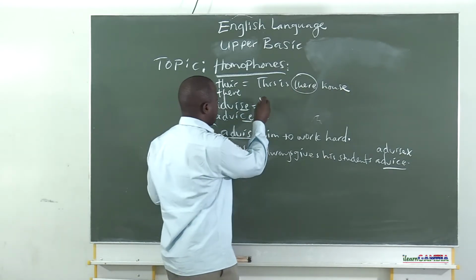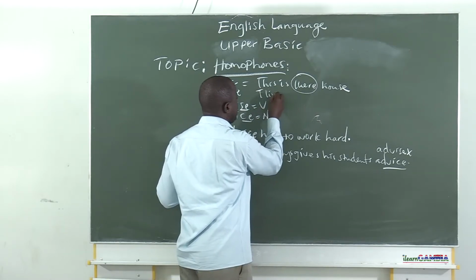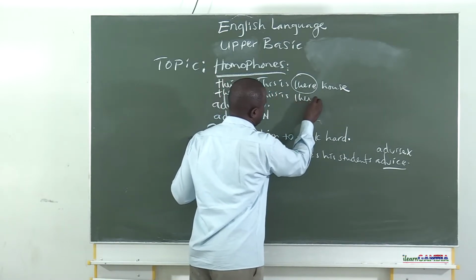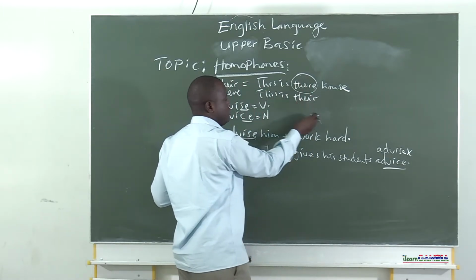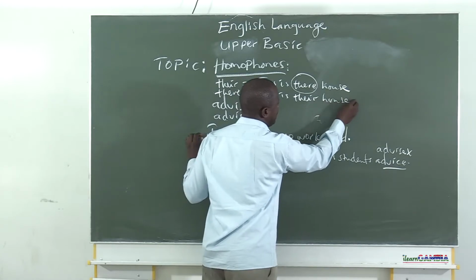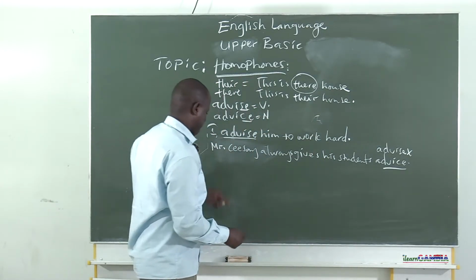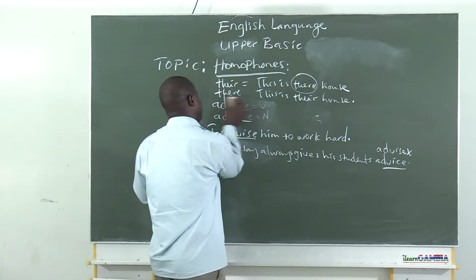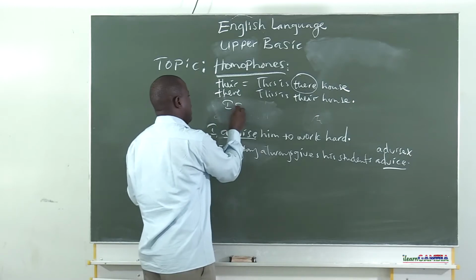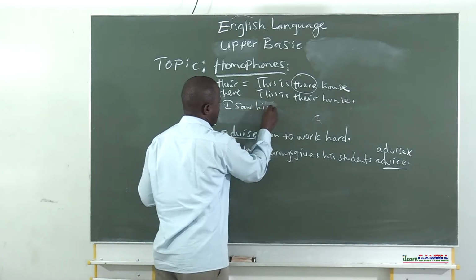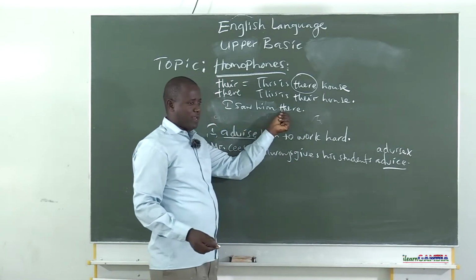In that case, we expect you to write, this is their house. Instead of using this one, this is the one that you should use. Now, looking at the other one, when you make a sentence like this, I saw him there, we expect you to use this one.